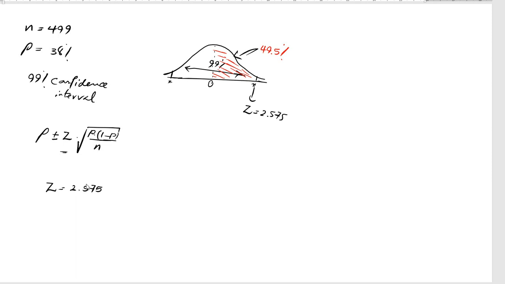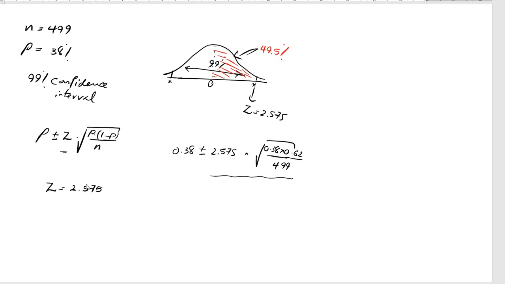Okay, the rest is straightforward. I just need to plug in the values. It would be 0.38 plus minus 2.575 times square root of 0.38 times 1 minus 0.38 would give you 0.62 divided by 499.